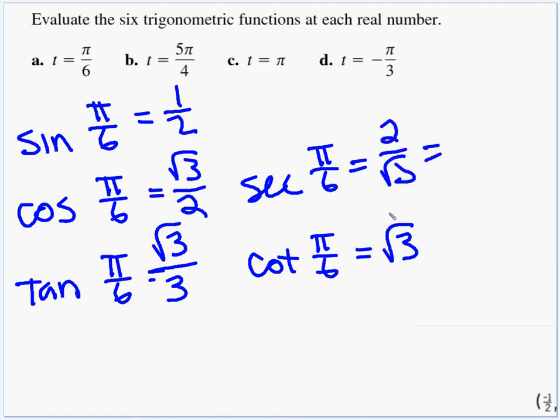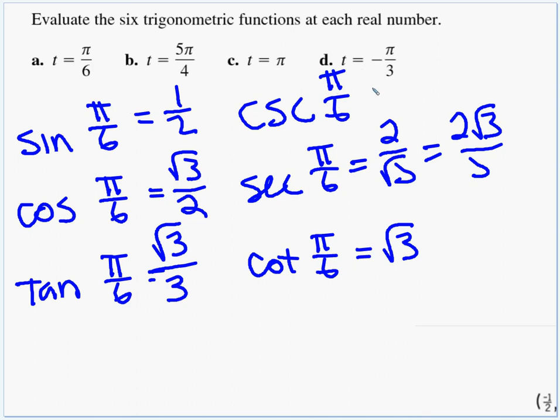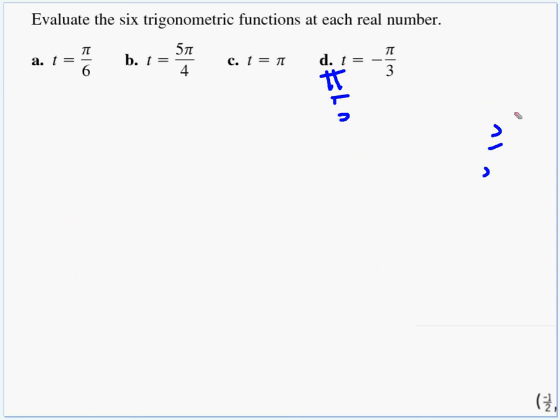And of course, we're going to have good manners. We're going to rationalize. So it's going to be 2 roots of 3 over 3. And then for sine, that's an easy one. We'll flip that over to cosecant. And we flip over the 1/2. That becomes 2 over 1, or just 2. Okay, so there's all 6 at pi over 6 angle using the new unit circle.